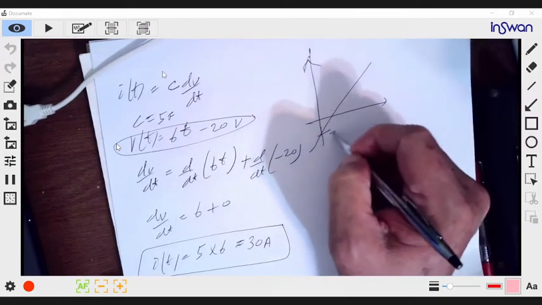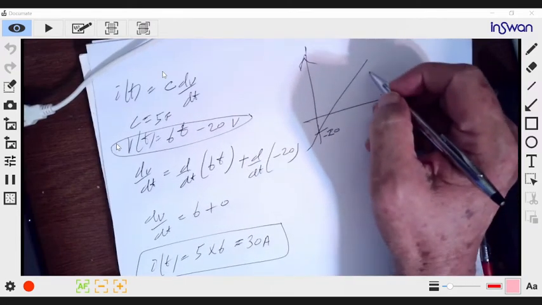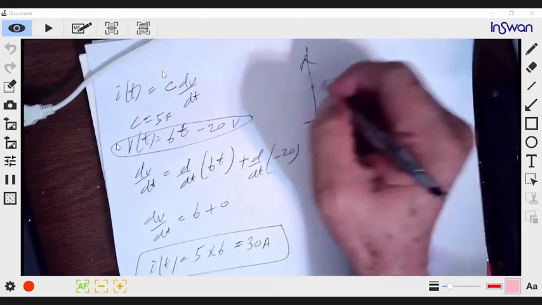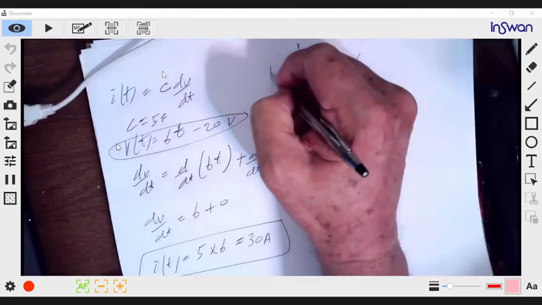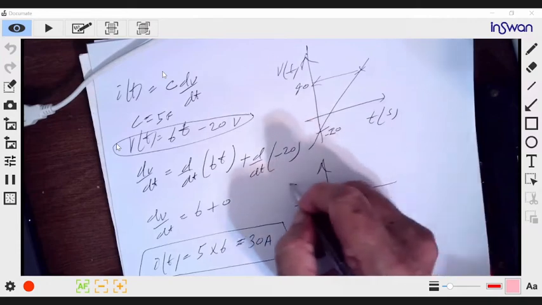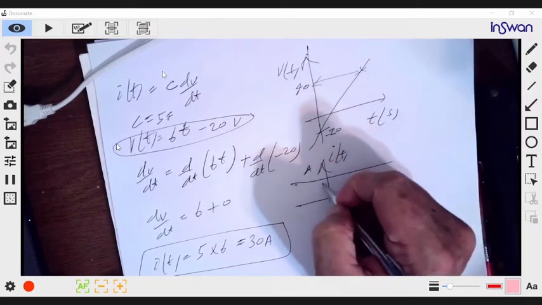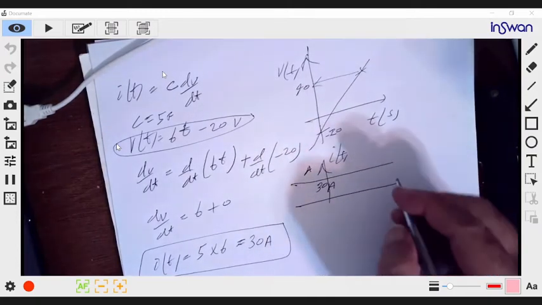This negative 20, whatever that is. What was that? That was 40, wasn't it? Yeah. If that's the voltage across the capacitor, the current would actually be doing this. This would be the current. The current is a constant.